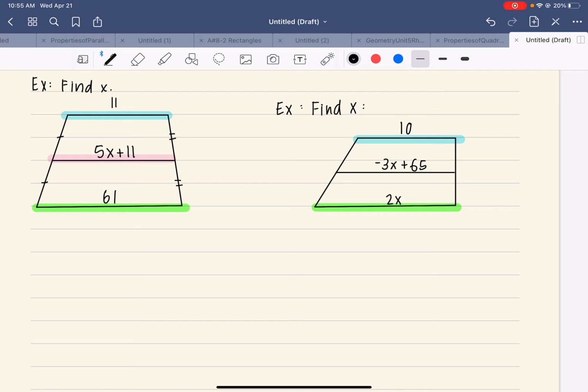Notice how we could easily find this because it gives us just number values for our bases, so we can figure out what the mid-segment is worth. The mid-segment value, remember, is base 1, which is 11, plus base 2, which is 61, divided by 2. 11 plus 61 equals 72, and 72 divided by 2 is 36.